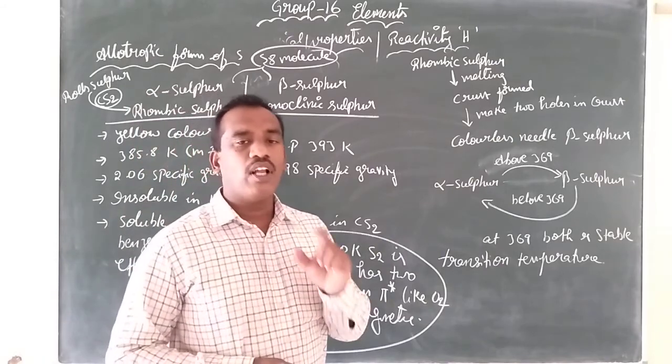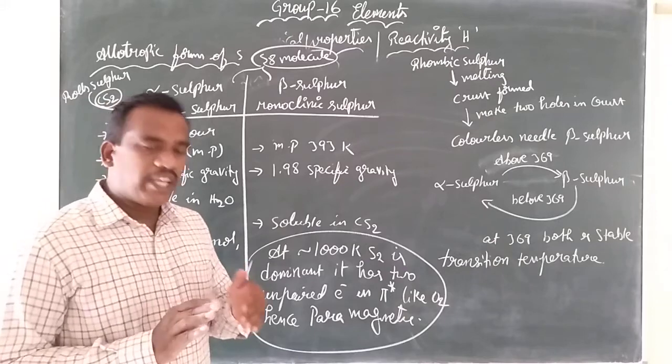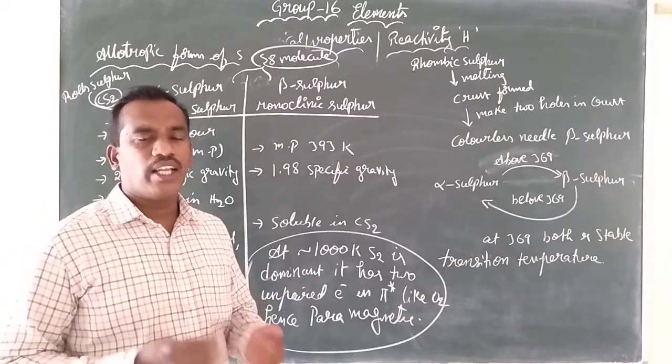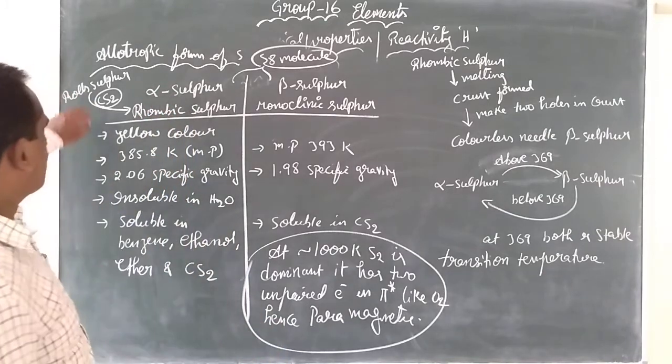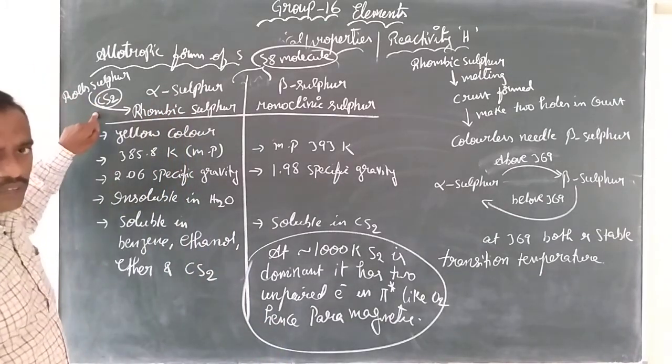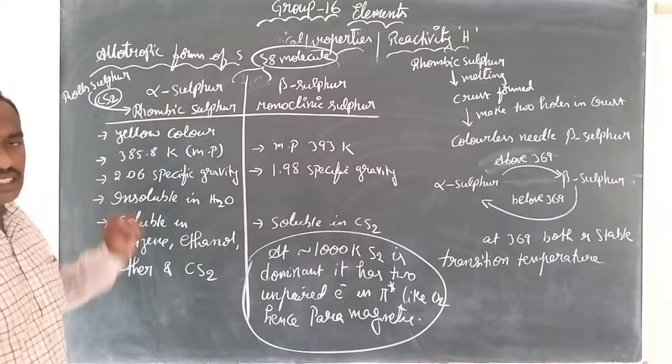Let us see first of all how this alpha sulfur is prepared. Alpha sulfur is prepared by heating roll sulfur in a carbon disulfide solution. So roll sulfur on heating in the presence of carbon disulfide forms our alpha sulfur or the rhombic sulfur.